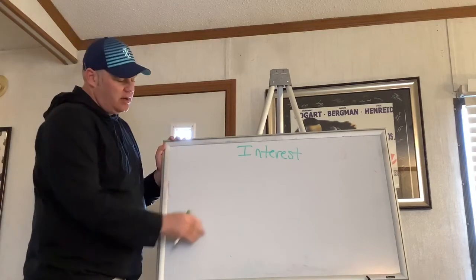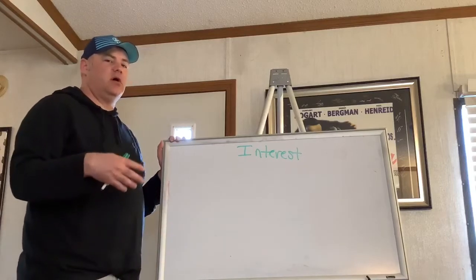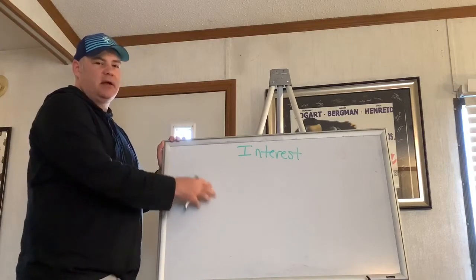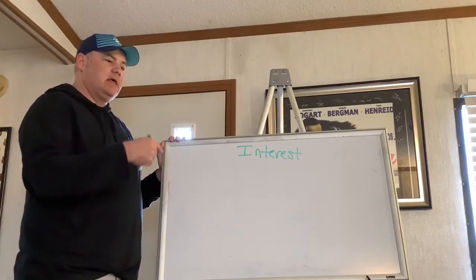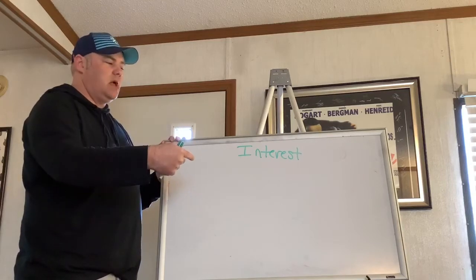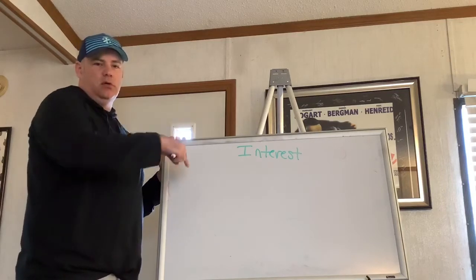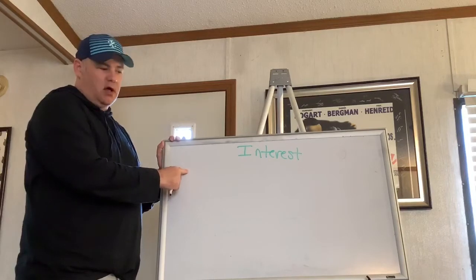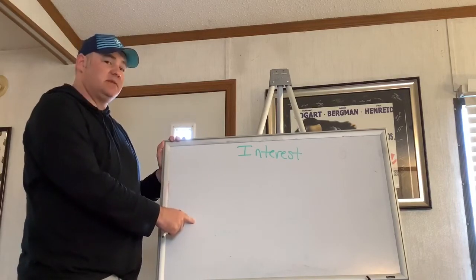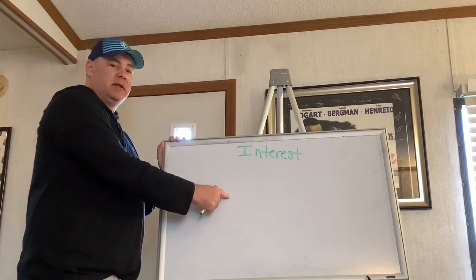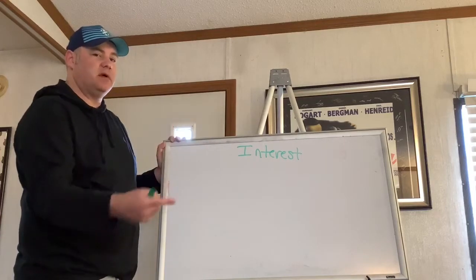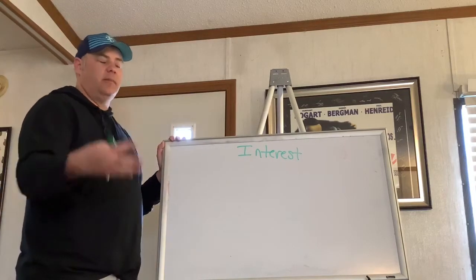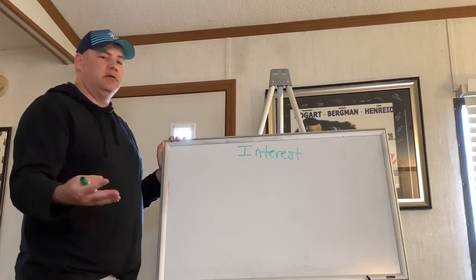Now, that credit card one I did would be more what we fall into called compound interest, where it keeps growing and it goes off the new total. So like one month it was $400 and I was charged interest, but then the next month because I paid a little bit down, it charged interest on the next one and then on the next one. That's called compound interest, where it builds.